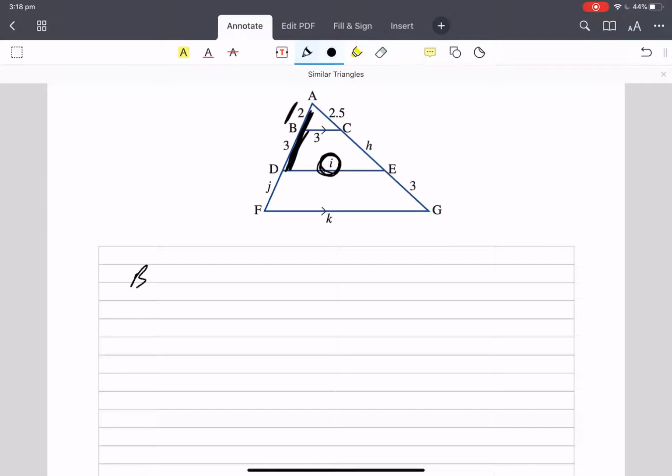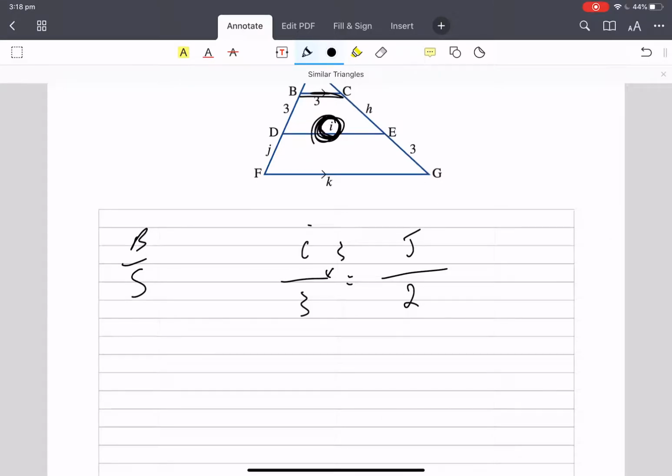So my BS is going to be big, which is 5, over small, which is 2. And for I, that's my big on small, which is 3. Once you get them, those equations are easy. Multiply by 3. So I is 15 on 2, 7.5.